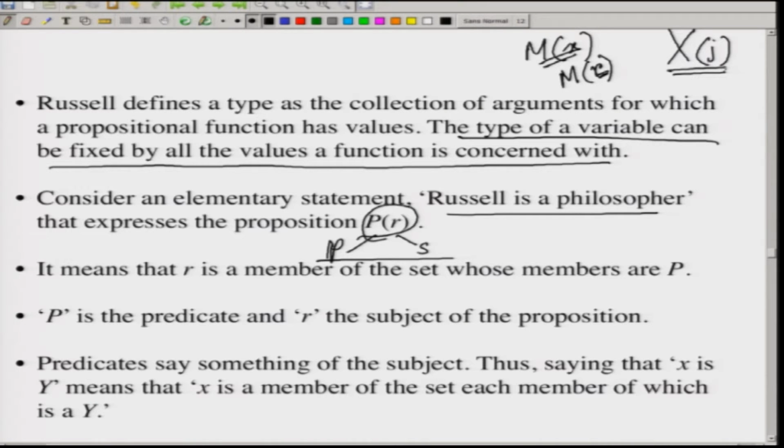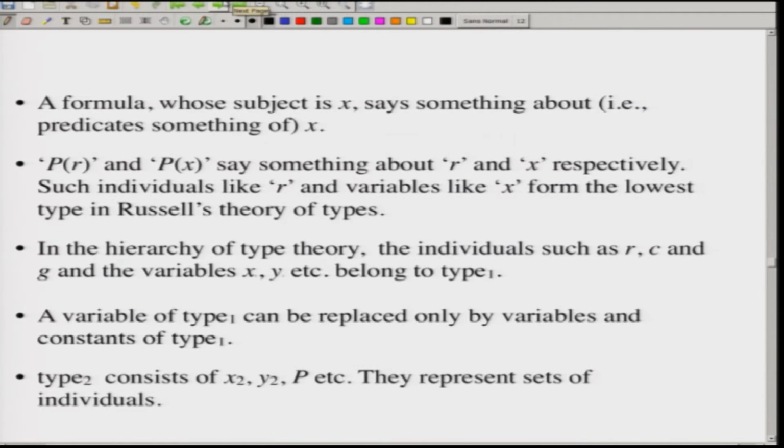Now, as we said that this would be the predicate and this the subject. Predicates say something of the subject. Thus, saying that X is Y means that X is a member of the set, each member of which is a Y. For example, as we have seen when we say that Russell is a philosopher, we do this.